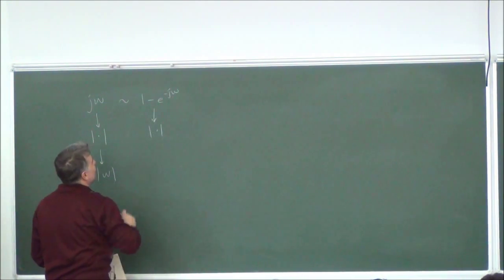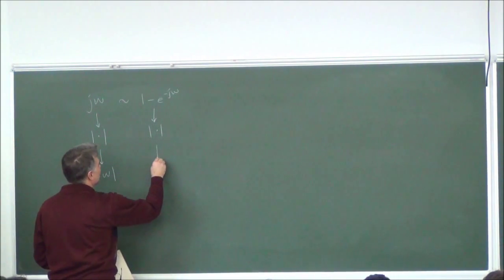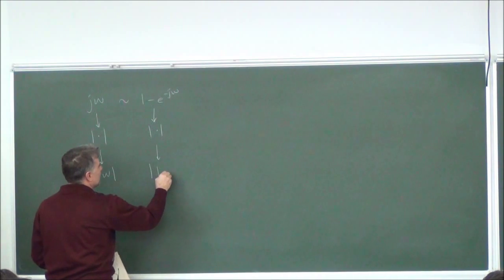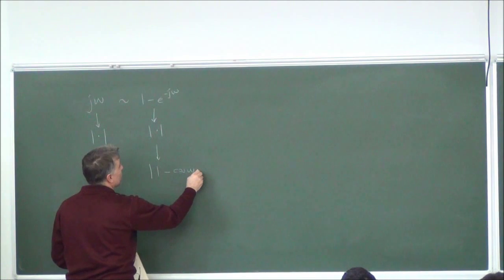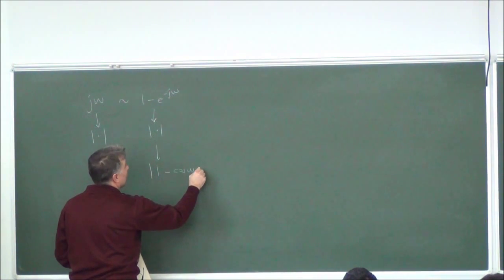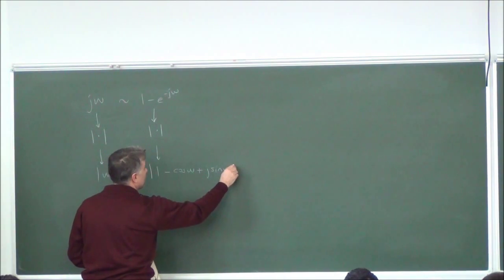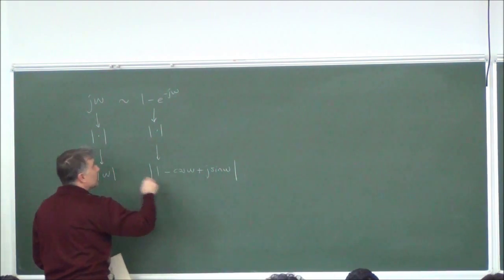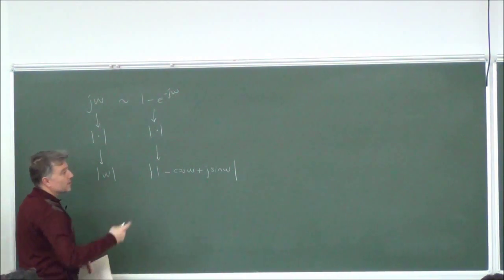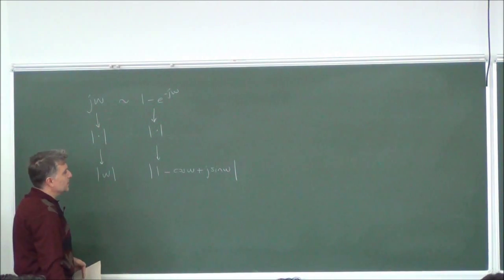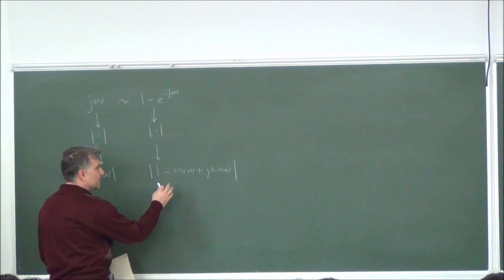What is the magnitude of 1 minus e to the minus j omega? Now that's a little bit more involved. It's the magnitude of 1 minus cosine omega plus j sine omega. There is a minus sign, of course, but there is another extra minus, so it becomes plus.